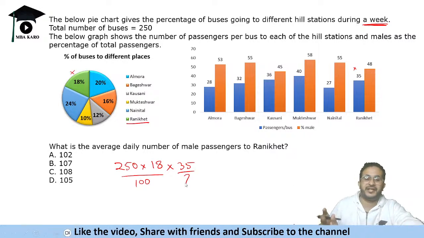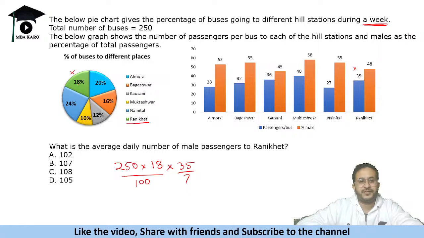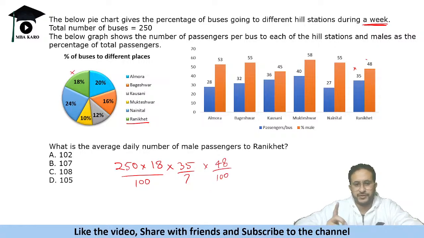Okay, but instead of writing this, think that this is 5 and this is 5, 18 and 25. ठीक है, 18 into 5 is 90, and 90 into 25... अच्छा सॉरी, मेल पैसेंजर्स भी 48 होगा. ये हमारी एक्चुअल वैल्यू निकालनी है, ठीक है.